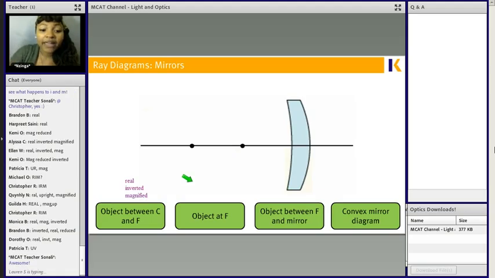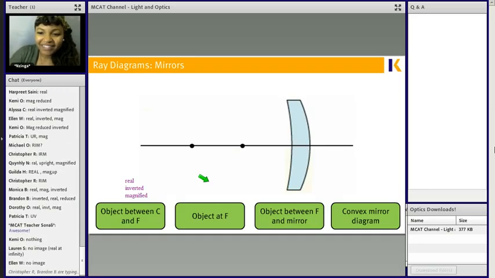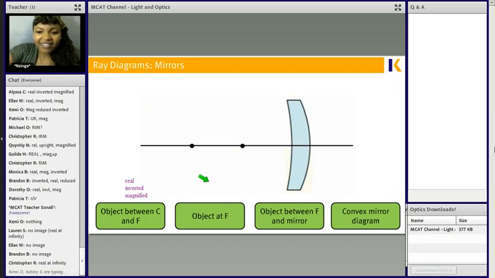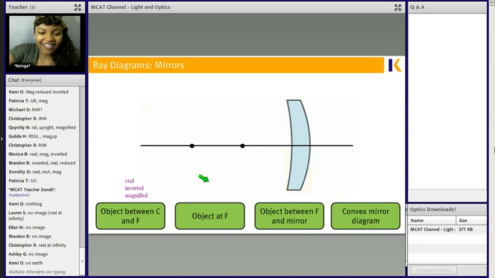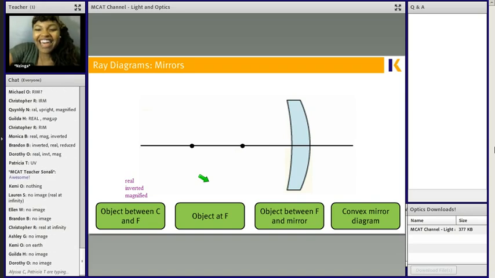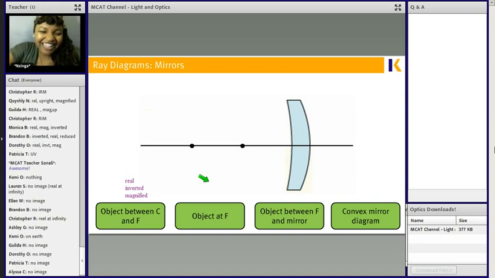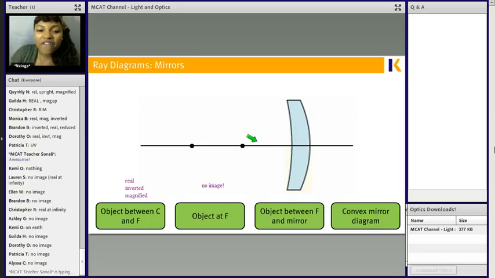Good, okay? So if we have the object at F, remind me, what do we end up with? I like that, Kimmy. Yes, no image on Earth. Maybe it's going to be converging somewhere in the Andromeda galaxy. Good, okay. So now we have the object between F and the mirror. So the object is in front of the focal point.